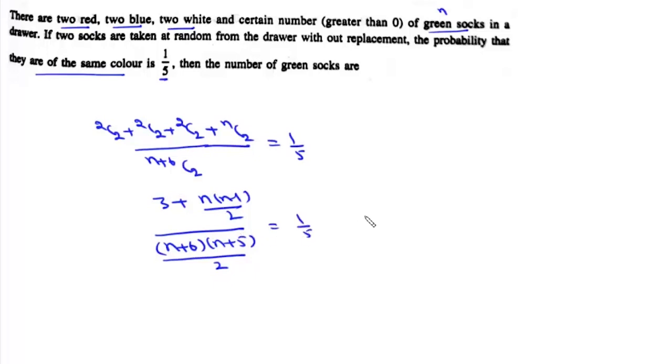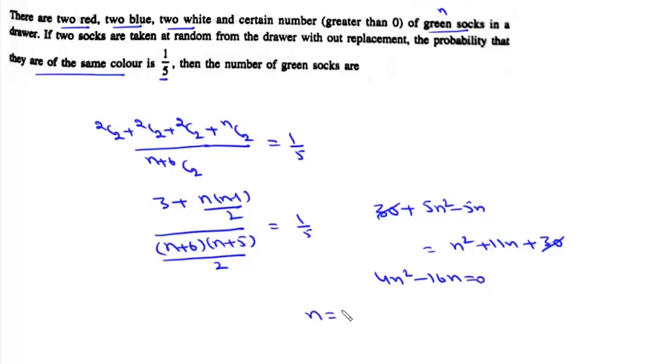Now 5 into 6 is 30, plus 5n square minus 5n, and it will be equal to n square plus 11n plus 30. Now 30 will cancel. We can write this as 4n square minus 16n equals 0. So the value of n here is simply 4. And that is the answer to this question.